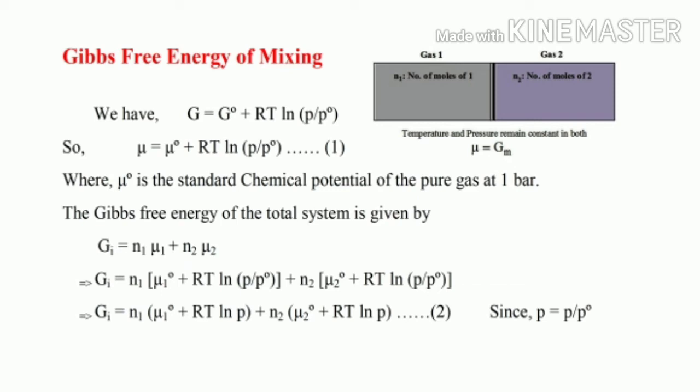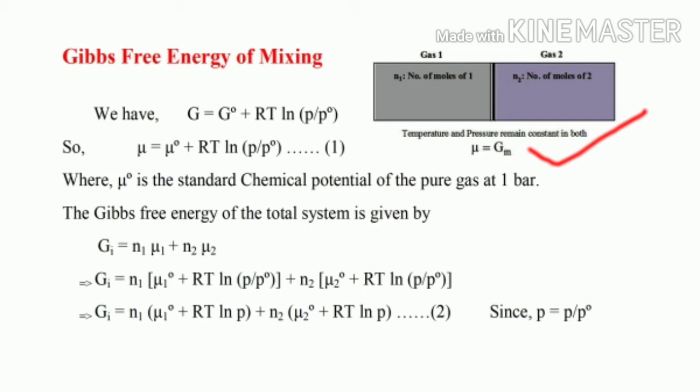So let us consider that we have two gases in two separate containers, gas 1 and gas 2. N1 is the number of moles of gas 1 and N2 is the number of moles of gas 2. The temperature and pressure in both the containers will remain constant, and the chemical potential mu is equal to Gm, which is the molar Gibbs free energy.